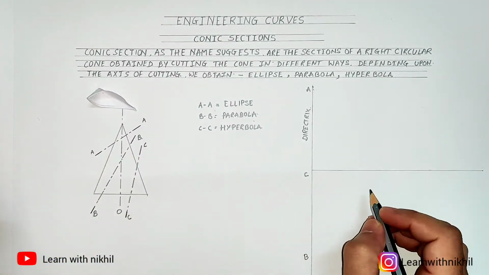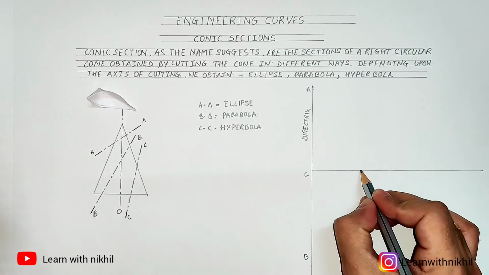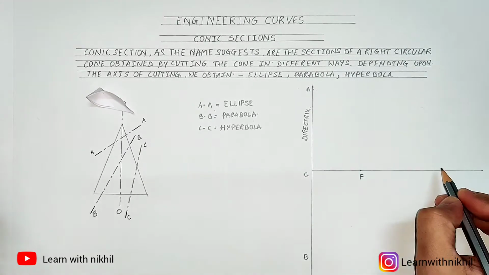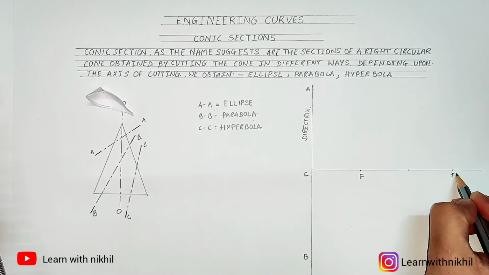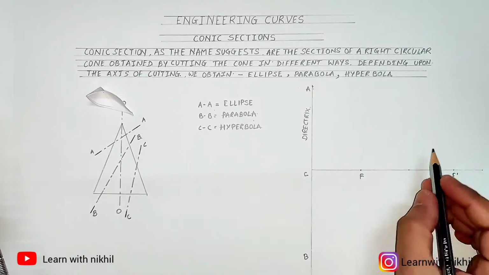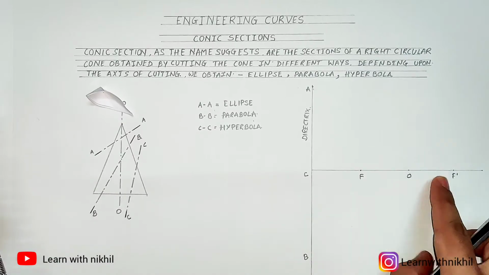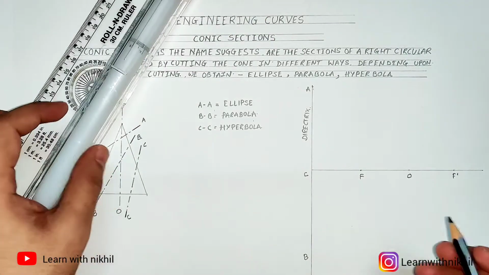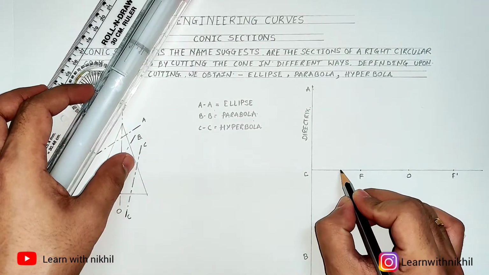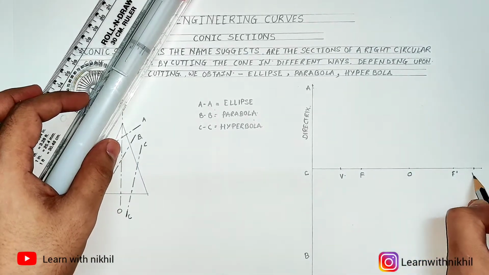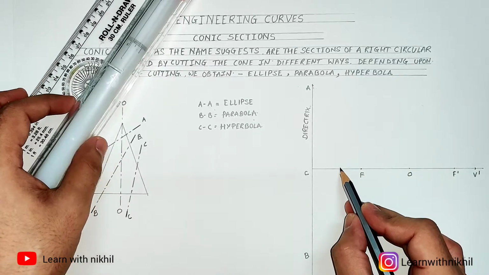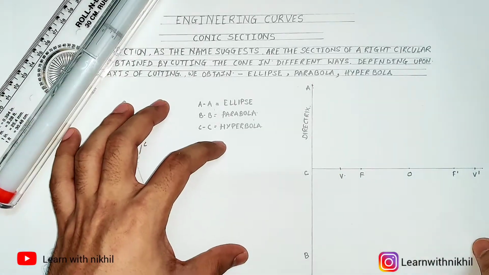We have a perpendicular line. This C is the center. F and F dash are called foci. And between those we have another center, that is O. Here one more point, V dash, is called the vertex.